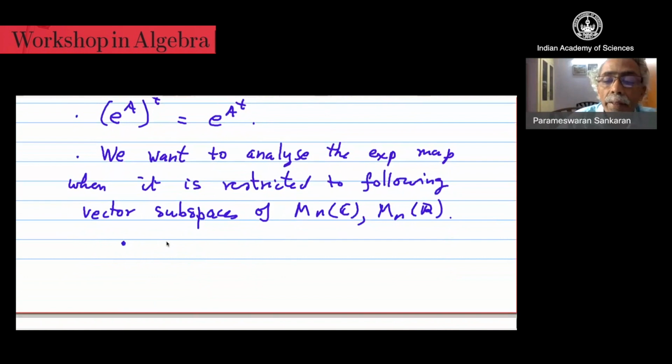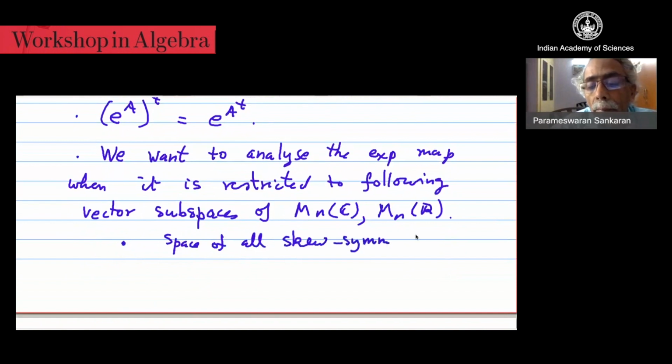I will write here the space of all skew symmetric matrices. Let me be a bit vague about it and simply write it as SKn, SK for skew.